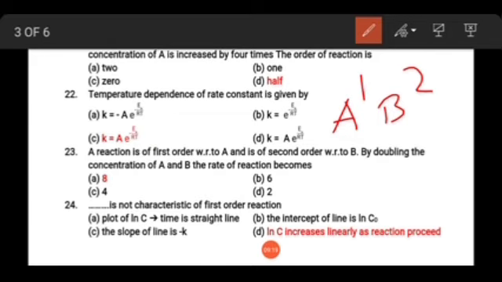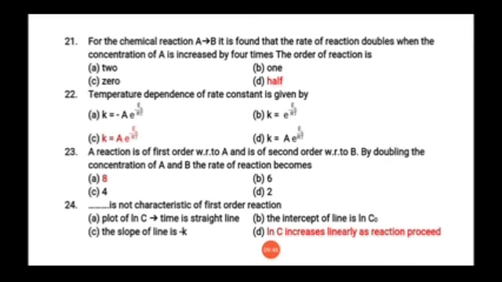If concentration of both A and B increases, then becomes double. So we know that A becomes 2, and B, that is square of 2, that is 4. So 2 multiplied by 4, always answer comes out to be 8. So our answer is 8. So correct option of this question is option A. The answer is 8.